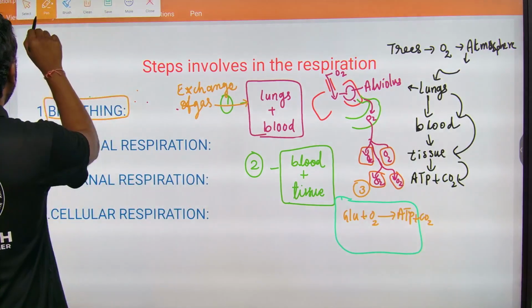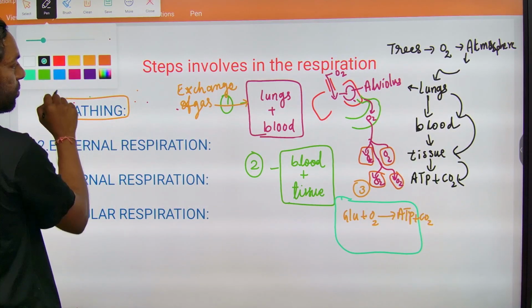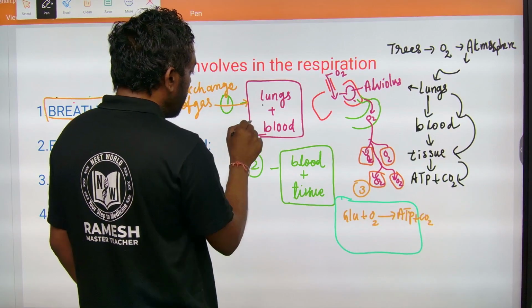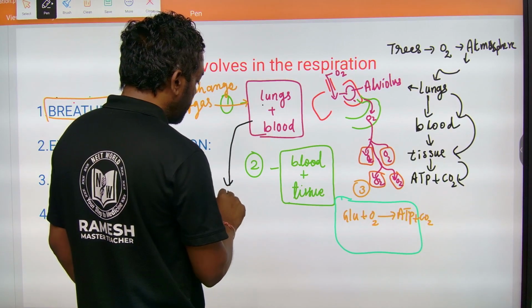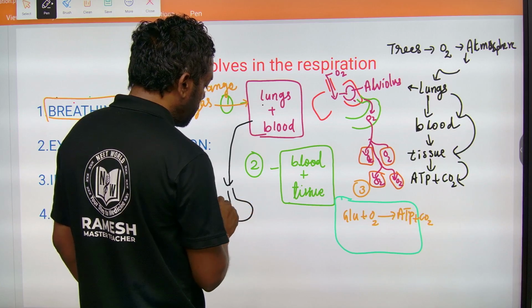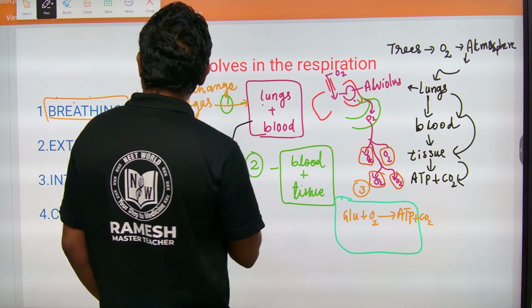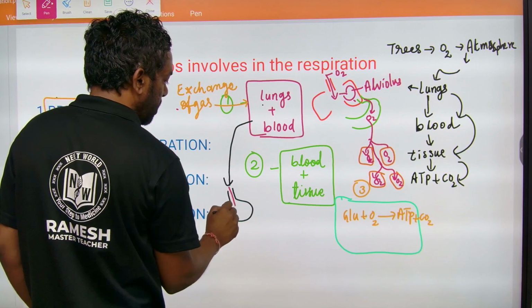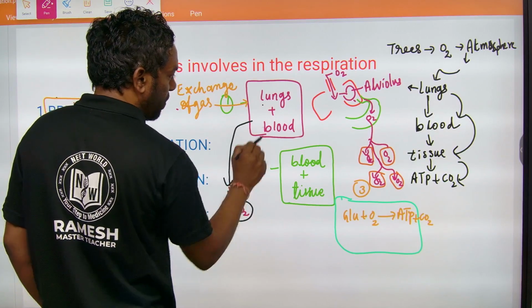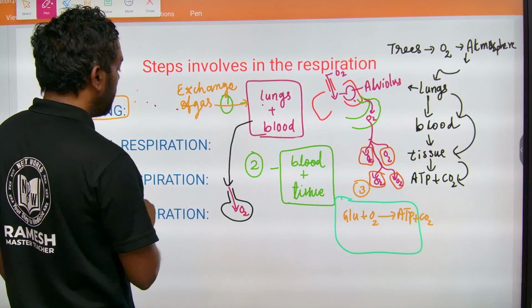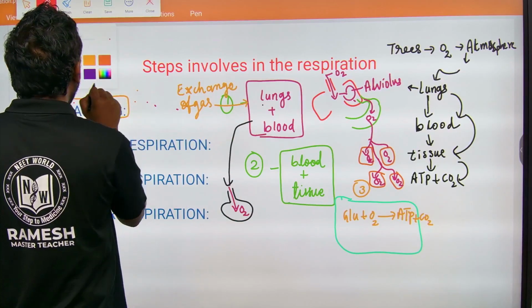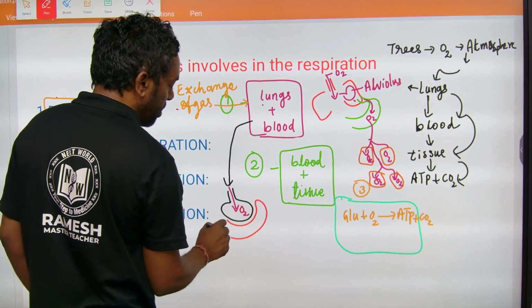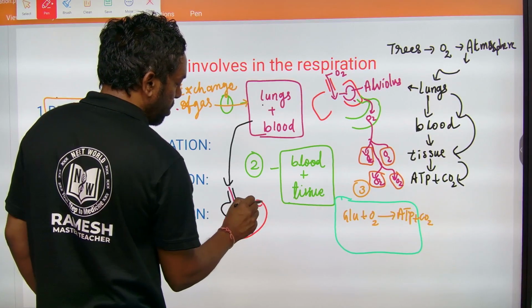Just look here, lungs and blood. Here the lung is the alveolus, and oxygen enters the alveolus. First oxygen enters the alveolus, and there is a blood vessel around the alveolus.